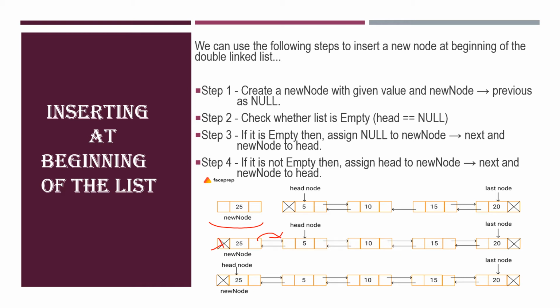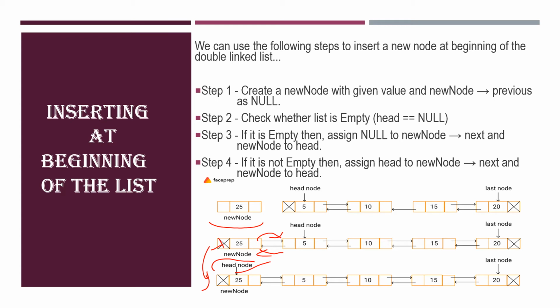So we are making the previous section of the new node as null because this node is going to be the first node. The previous pointer of the head node is referred to the new node, and the new node is then made as the head node. These are the three steps we use to insert an element at the beginning of the list.